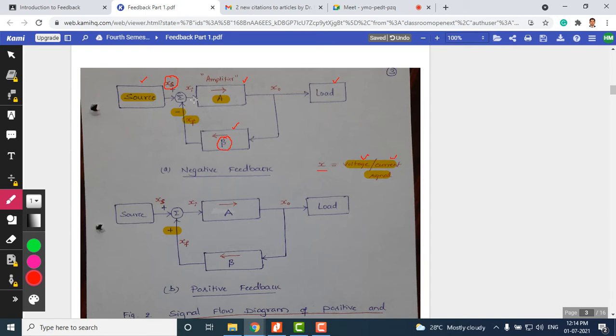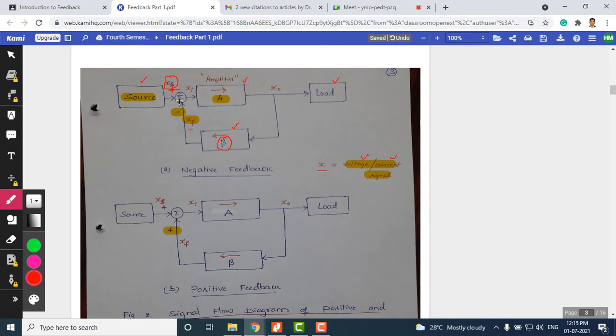And one thing which you can observe here is the type of the source signal and the feedback signal. As you can see here, there is a positive sign denoted for the source signal, and there is a negative sign, which is a 180 degree phase shift, for the feedback signal here. The signs here show that there is feedback. One is positive, that is the source signal, the other one is negative, which is the feedback signal.